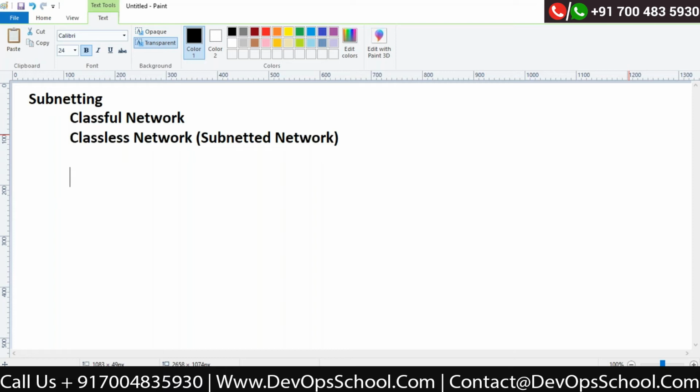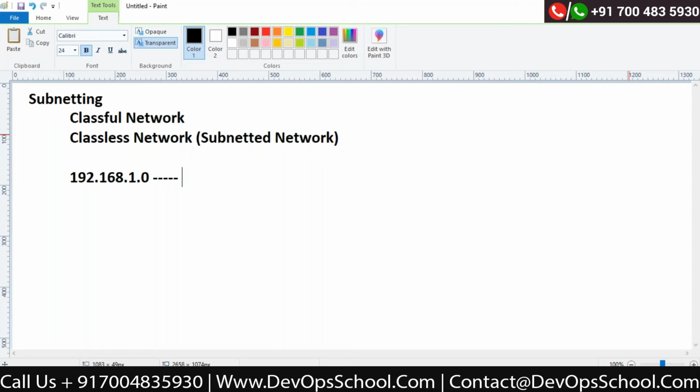For example, my classful network would be 192.168.1.0. Why is it called that? Because I'm using the entire block of IP addresses. I have not divided this network into any small chunks at all. I'm simply using the entire IP address block. So this is called classful.